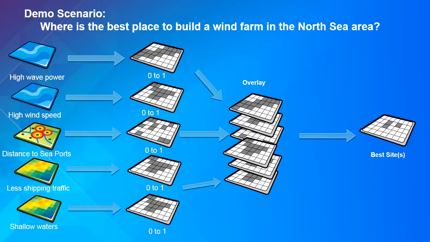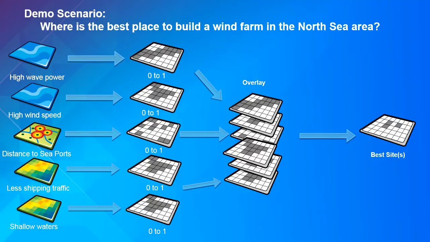When we consider finding the optimum place to locate something, the first step is always to identify the criteria that are important for the suitability. So what are the most important criteria? What do we need in order to build a wind farm? Obviously, we need adequate wind power, wind speed, and enough wave power.